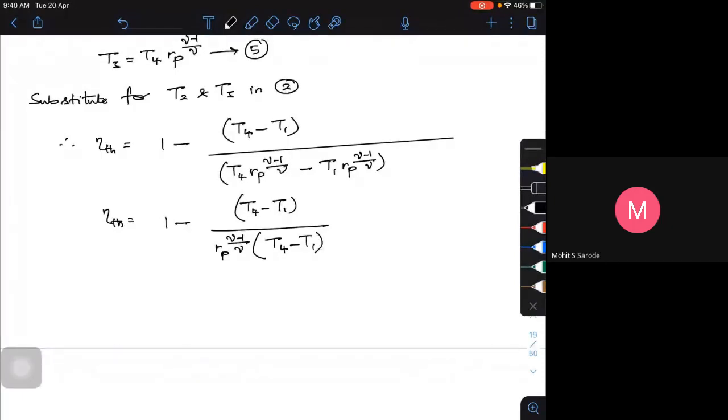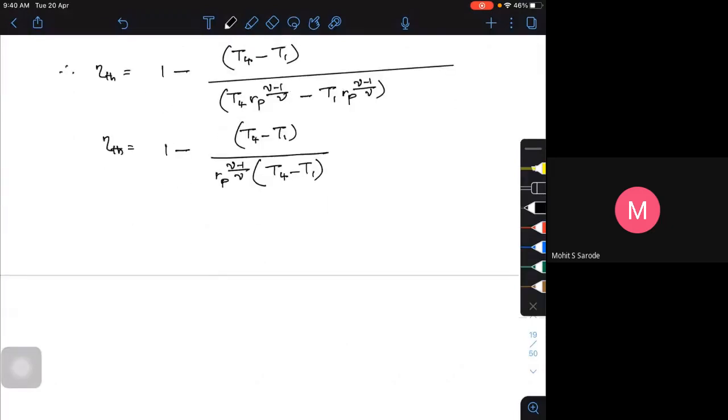So T4 minus T1 in the numerator and denominator just simply cancel out. I am left with thermal efficiency equal to 1 minus 1 by Rp to the power of gamma minus 1 by gamma.